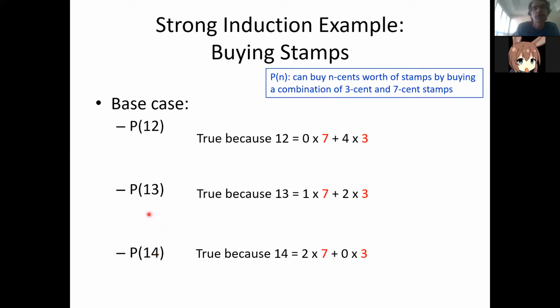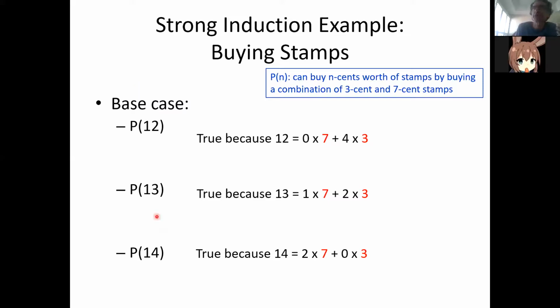Because if we try to argue this about 14, now, if k plus 1 was 14, then of course it wouldn't work, because you remove 3 from 14 and you get to 11, and in fact it's false. 11 cannot be expressed as a bunch of 3s and 7s.